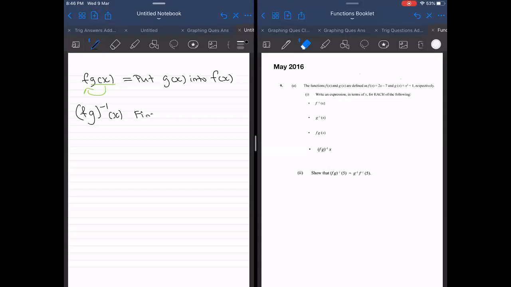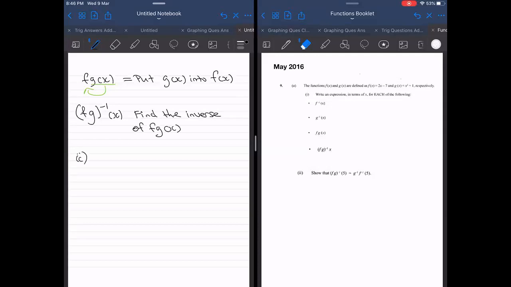You're simply saying find the inverse of f of g of x. So whatever you get for your answer for f of g of x, you're just going to find the inverse of that. All right, so don't let it scare you. All that is saying is find the inverse of f of g of x.